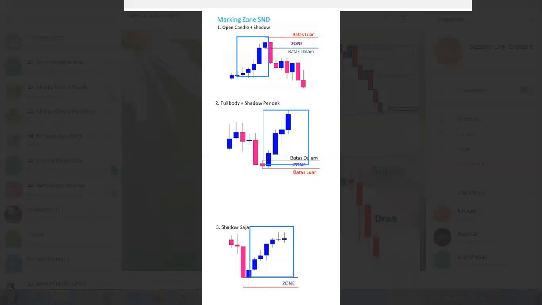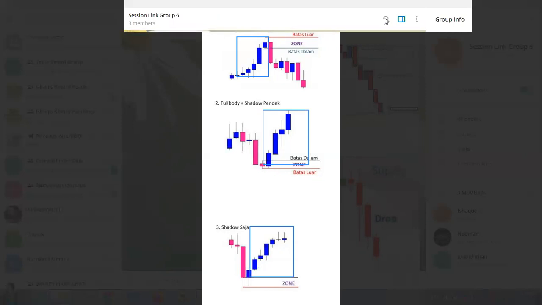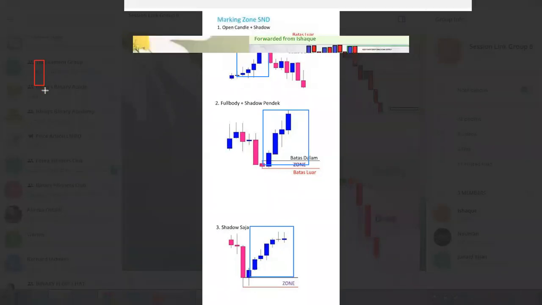No, no. Just look at this thing. Don't follow all the candles. So this is the morning star.